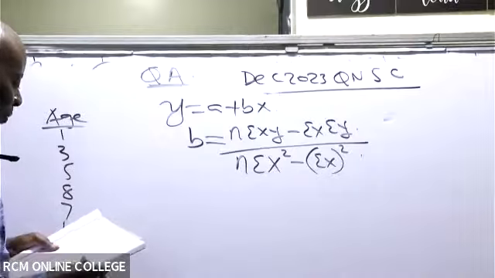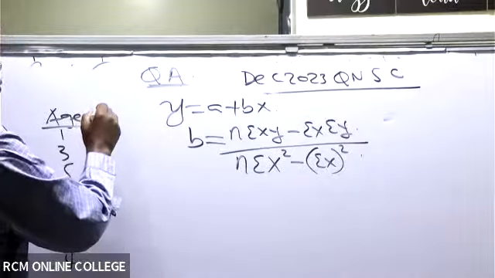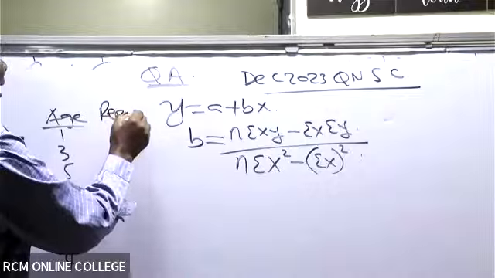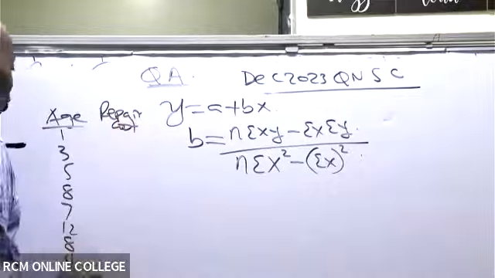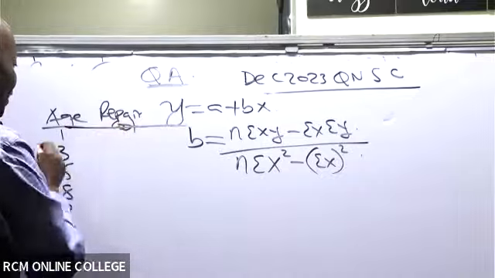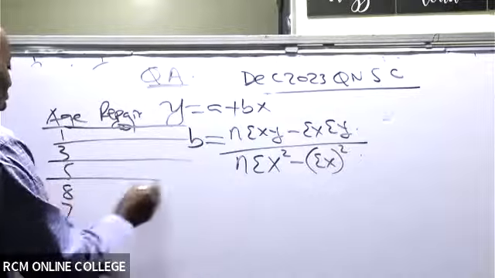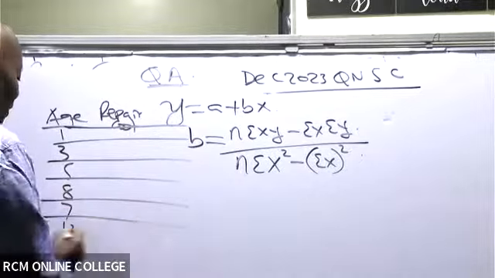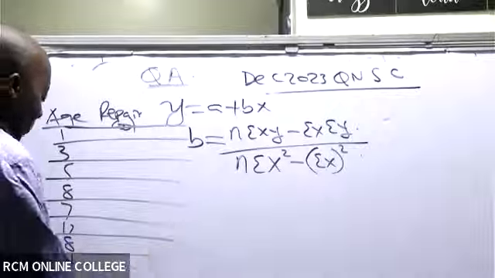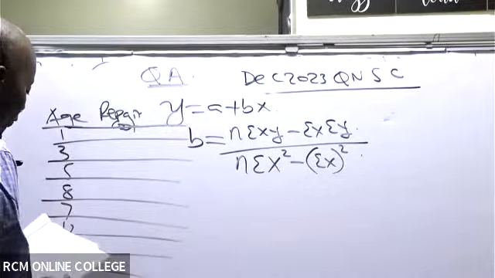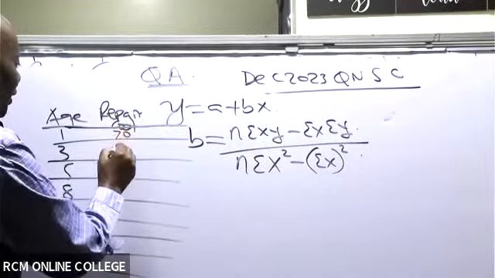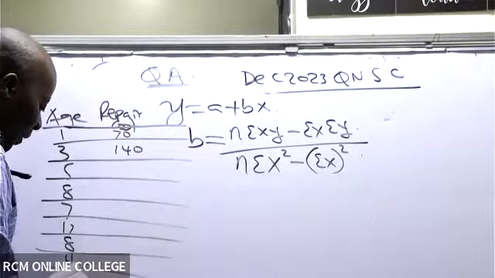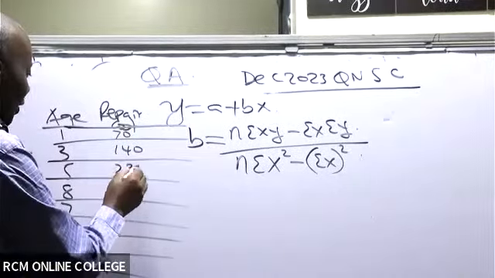And then we have a repair cost. What do we have here as our repair cost? The first one is 70. Then we have 140. Then we have 230.